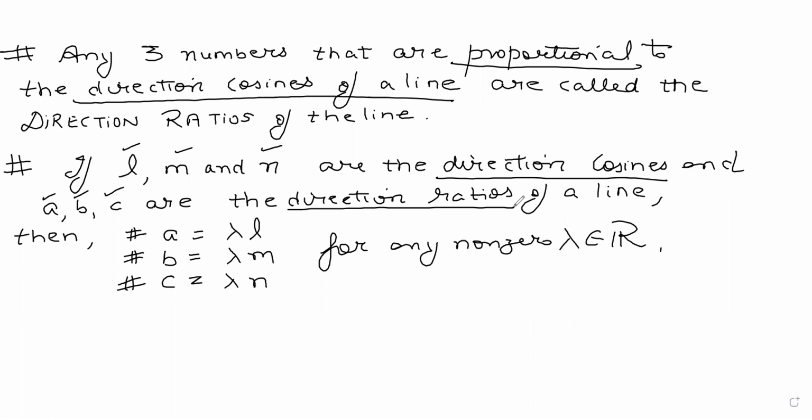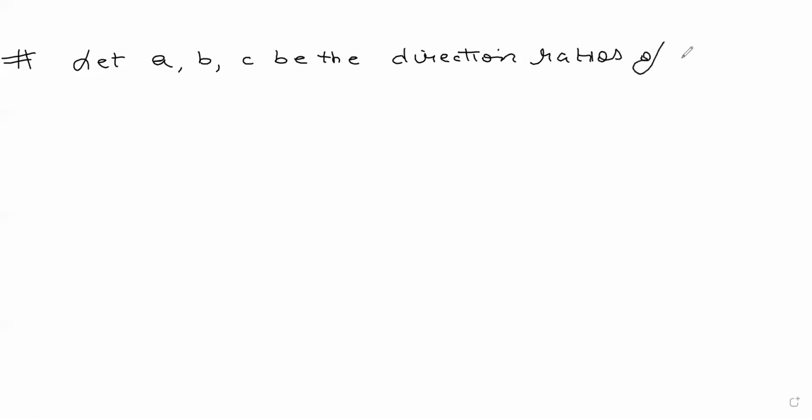Okay, so I can also put it like this: let A, B, C be the direction ratios of a line and L, M, and N be the direction cosines of the line.